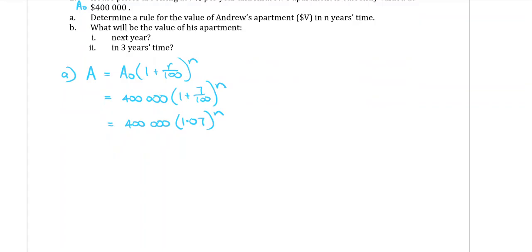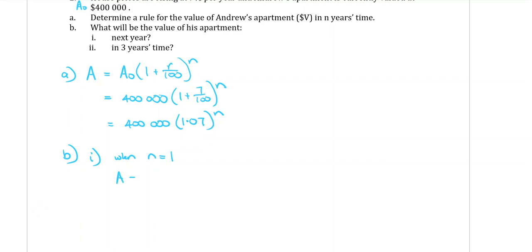Then to do part B, it says what will be the value of his apartment next year. So it actually wants me to find specific values after a certain amount of time has passed. So part 1, next year, means that 1 year has passed, so I'm going to sub in that n is equal to 1.